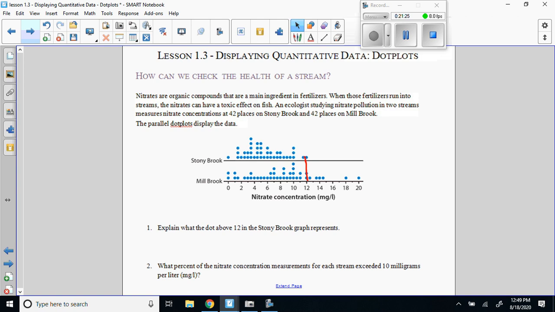What percent of nitrate concentration measurements for each stream exceeded 10 milligrams per liter? So what do you got to make?